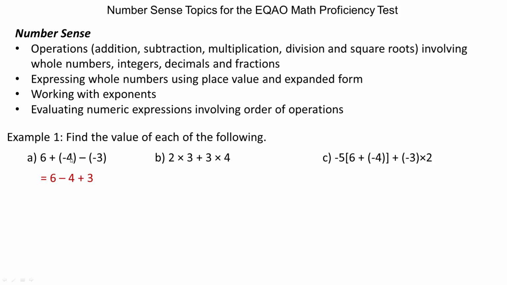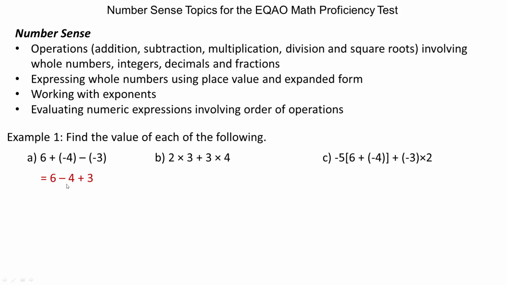So 6 plus negative 4 is the same as just 6 subtract 4. And subtracting a negative is the same as adding the opposite. So actually any subtracting is the same as adding the opposite. So we change the subtracting into adding, and it's the opposite integer to negative 3, which would be a positive 3. So that's how you make this simpler.